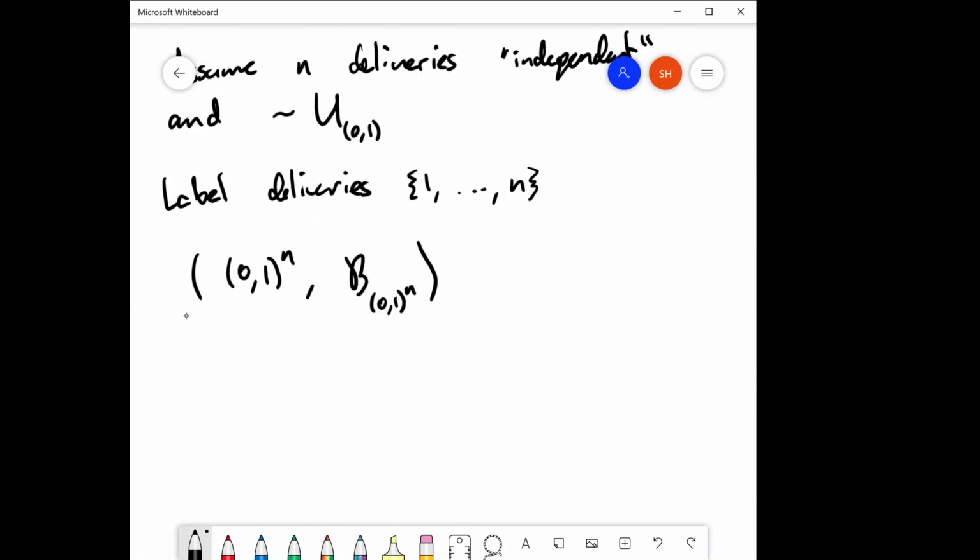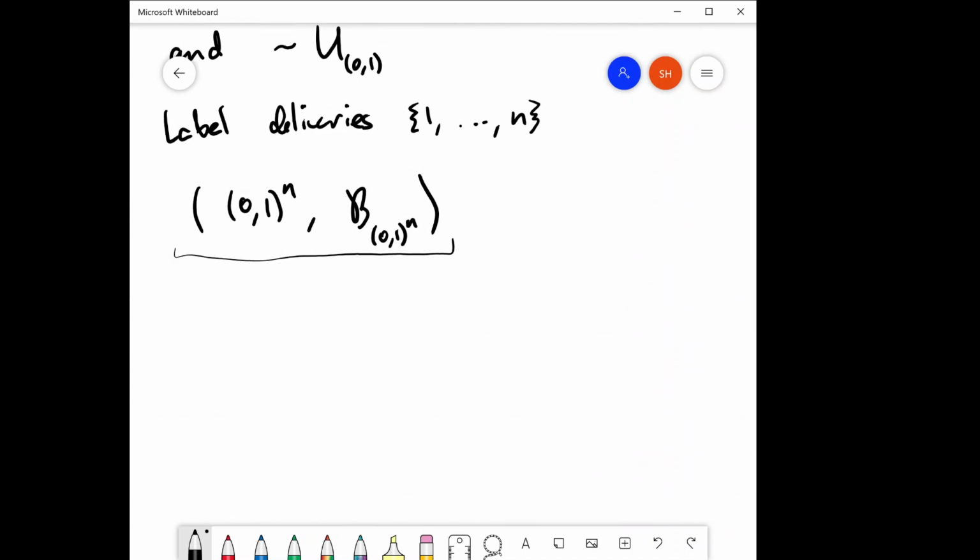So here is one sample space where we just look at all of these things. We've labeled the deliveries independently, and we look at when each one arrives. Okay, but to map this to the sample space that we really care about, we should just select whichever one of these is the rth smallest for any way that they arrive.